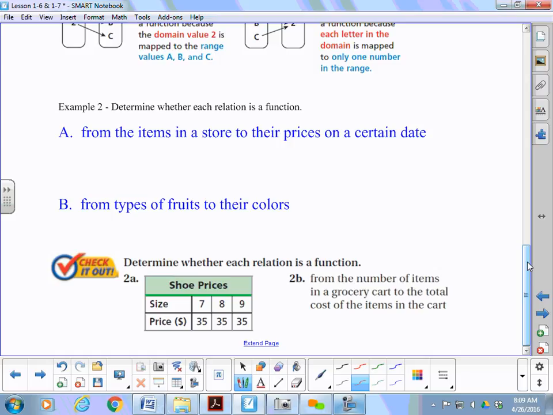All right, so let me ask you this. Sebastian, if you go to the grocery store, what's the one thing you would like to buy the most? Something you would want to buy. If you went to the grocery store with your mom tonight, what would you want her to buy you? Donuts, okay.